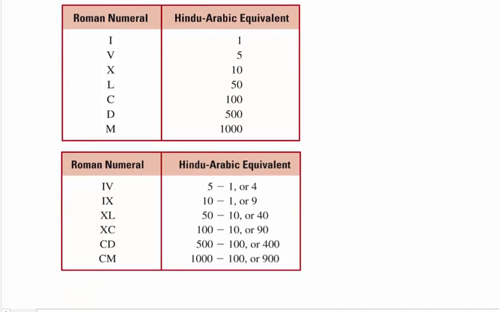If you notice in this bottom chart right here, if a smaller symbol was placed after a larger symbol, that actually meant to subtract to get the value of that particular place. So XI and IX are two very different things.